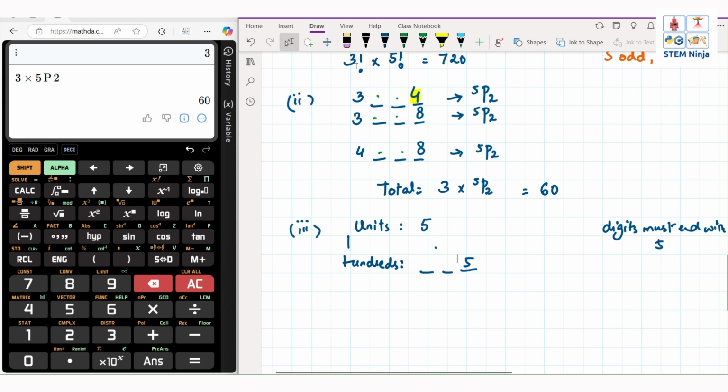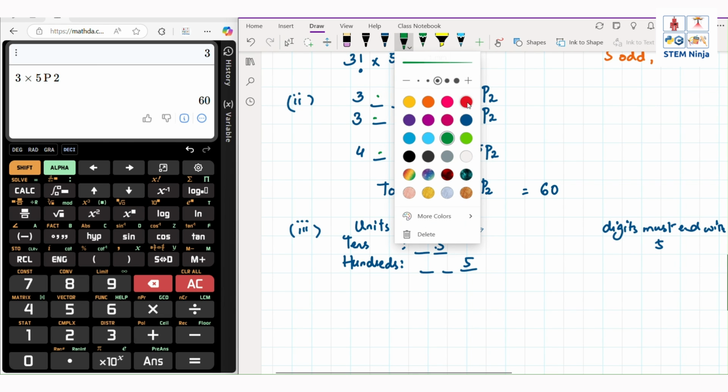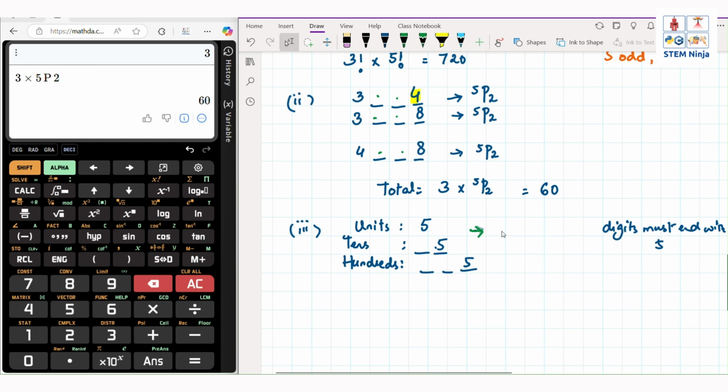So tens. So that would also be a number ending in 5. Okay, so all we need now is a simple translation of this. So 5 is just one number over here, like one time it can happen.